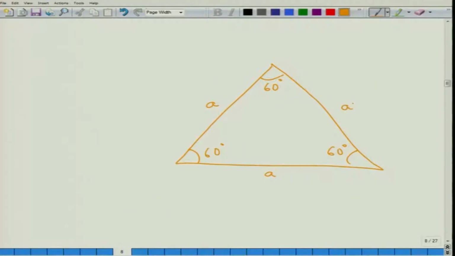Suppose we call it as small a. So, its perimeter would be a plus a plus a or thrice of a, that is 3 times the length of a side. The area of an equilateral triangle can be found by using this formula: A equals root 3 by 4 times a square.